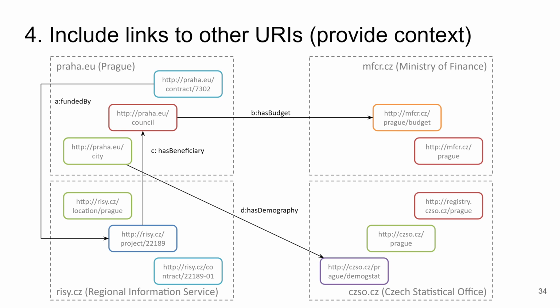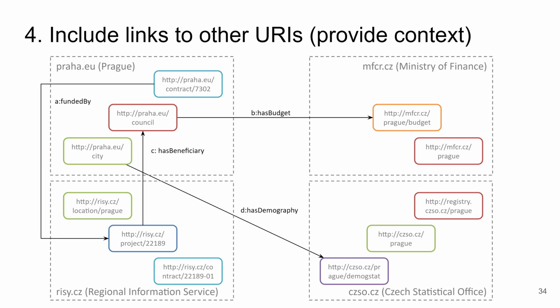And there is one problem that I already indicated was there, and that is that, as you can see, 3 of the 4 publishers assigned their own URI to the red entity, which actually is one real-world entity, and that's the Prague Council, for instance. And the same goes for the green entity. Again, for the green entity, we have 3 different URIs by 3 different publishers.